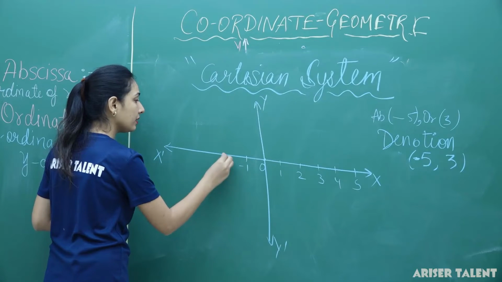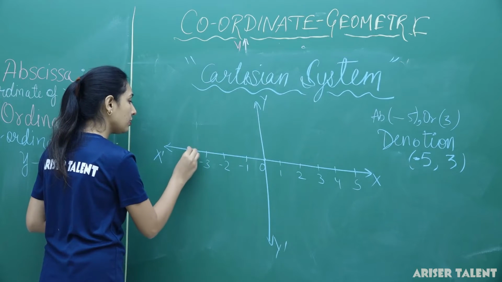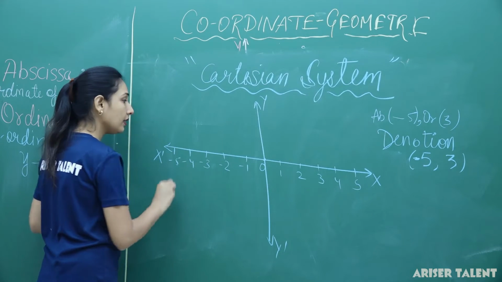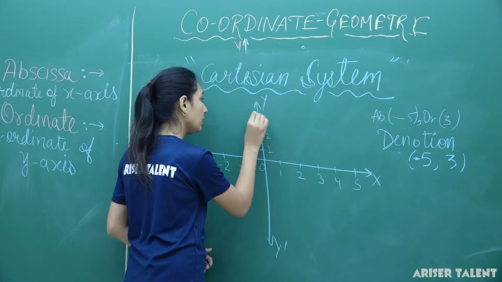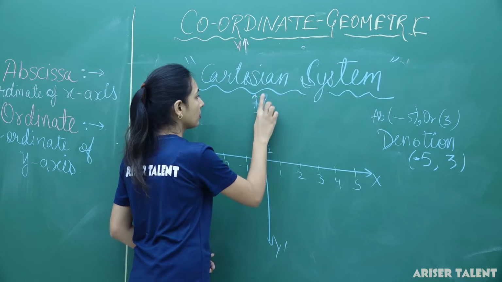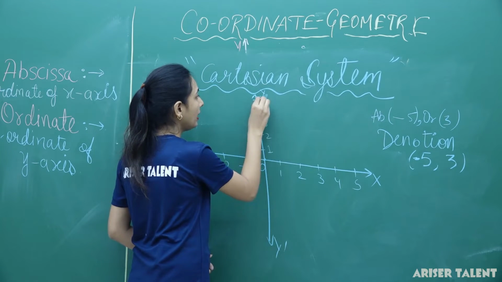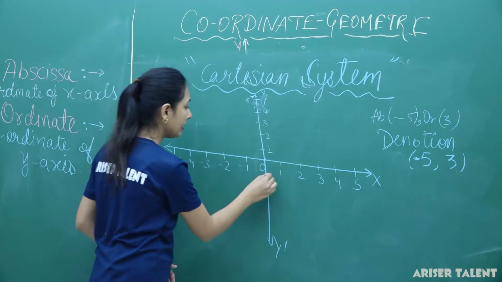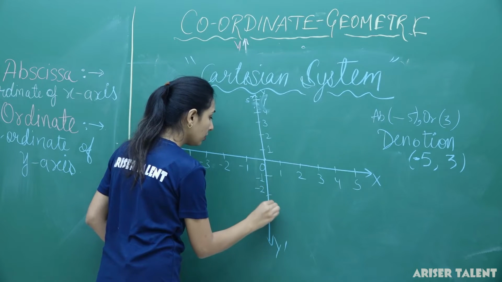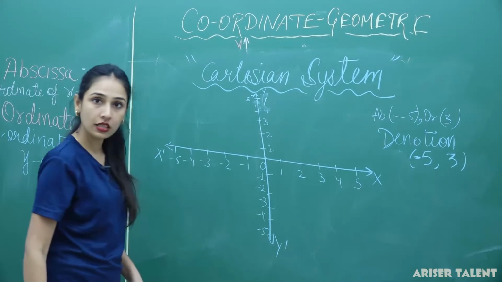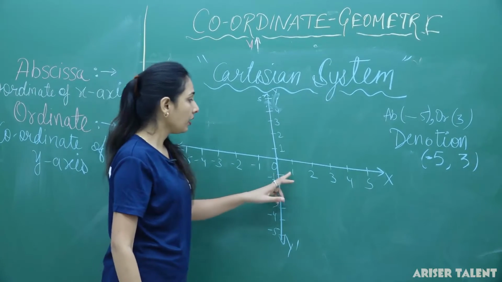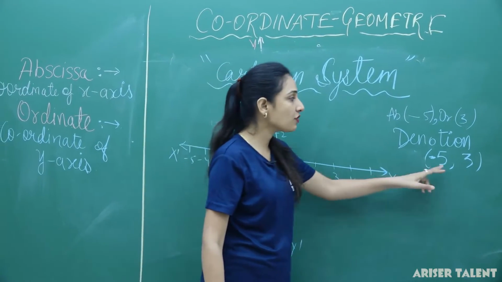Similarly, -1, -2, -3, -4, -5 here. Similarly here again 1, 2, 3, 4 and 5, and here again -1, -2, -3, -4, -5. Now what I have to locate here is -5 and 3.